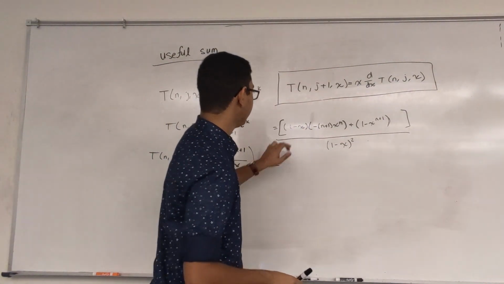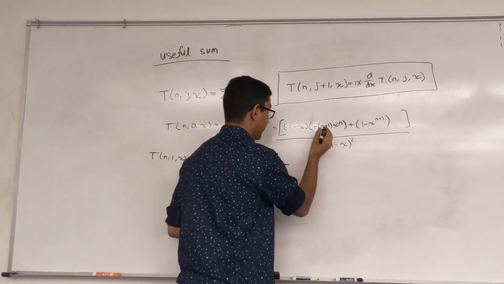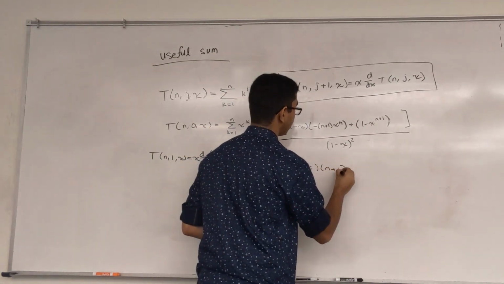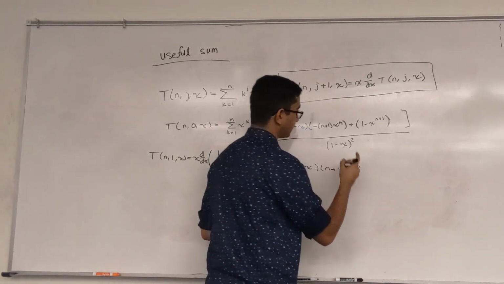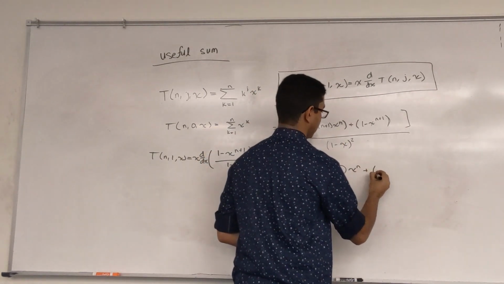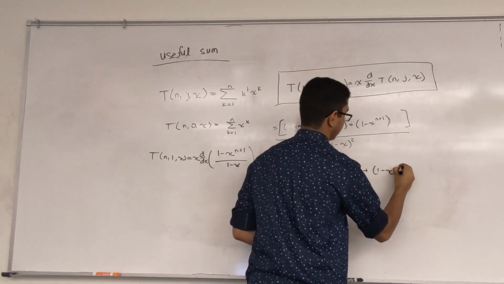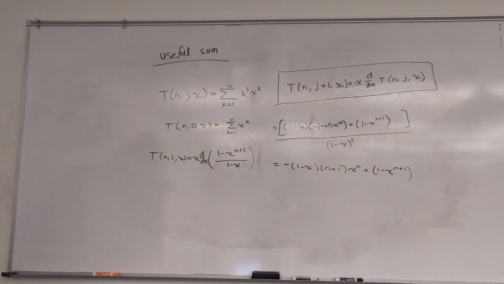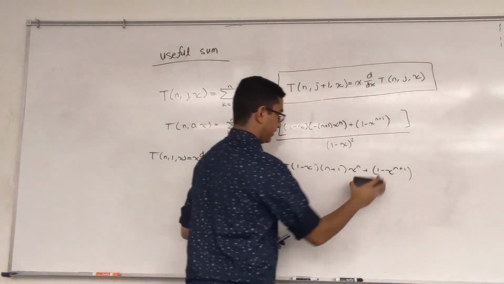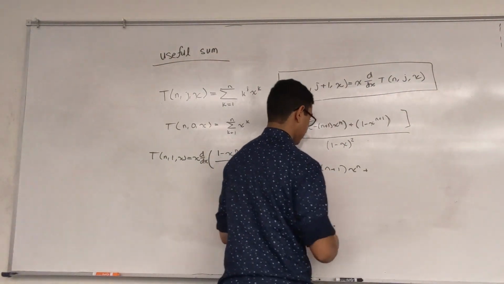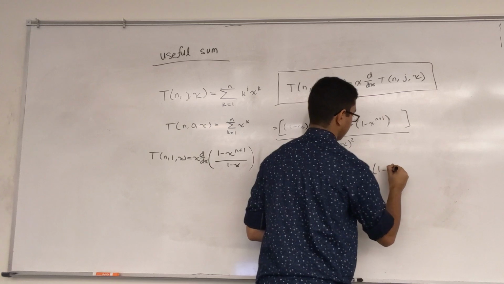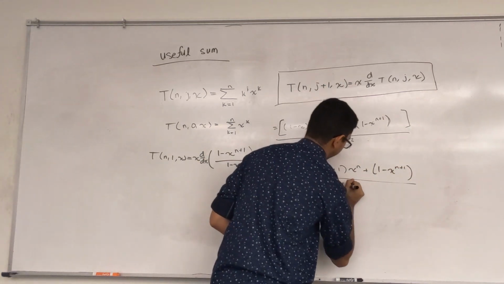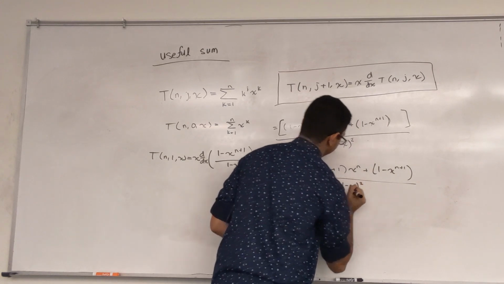We can move out this negative term. On the numerator we'll have -1 minus x, n plus 1 times x to the n, and then we're just going to add 1 minus x to the n plus 1, like that. And let me divide the entire thing by 1 minus x squared, like that.